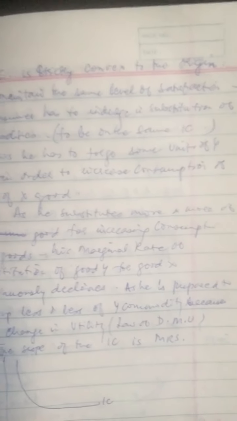Talking about that, the third characteristic is that the indifference curve is strictly convex to the origin. What does this mean? It means that the slope of the indifference curve tends to decline as we move along it from left to right.